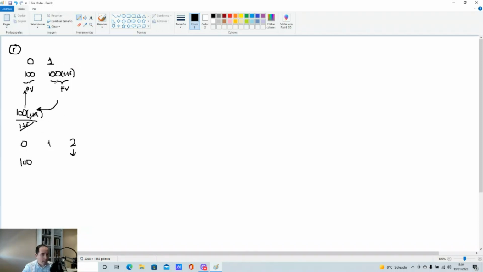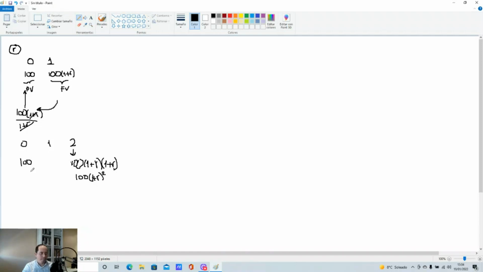In the first year that would be 100 times (1 plus R), but in the second year you will get another return. So you will take the 100 times (1 plus R), and you will get another return because we are in the second year. So that means that we have 100 times (1 plus R) at exponent 2.